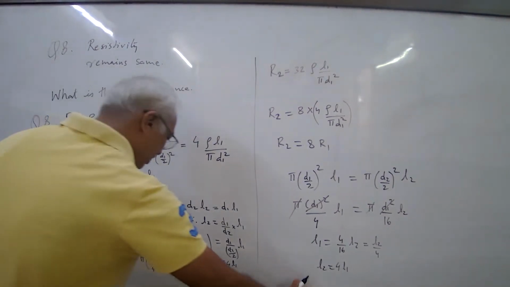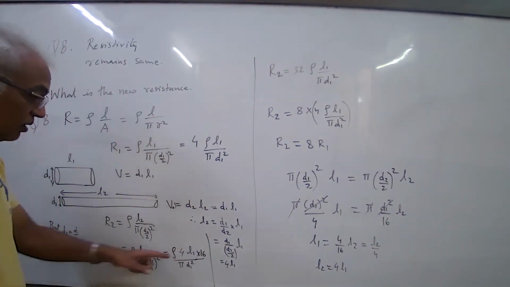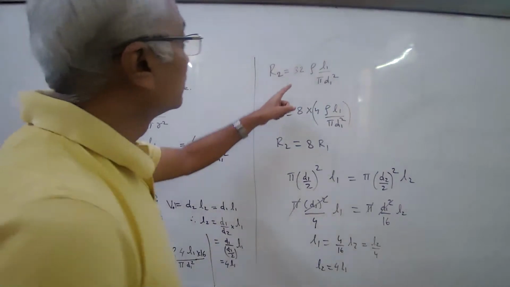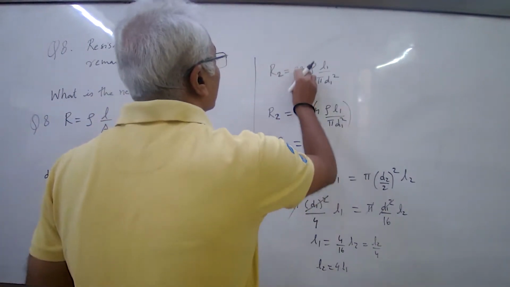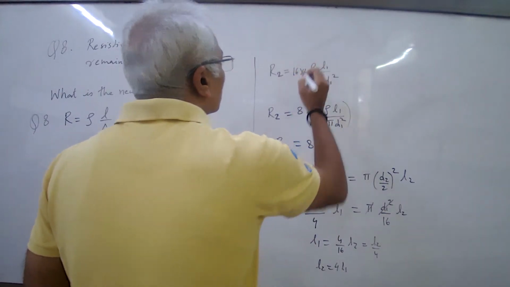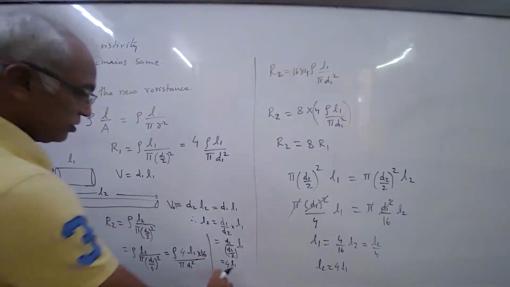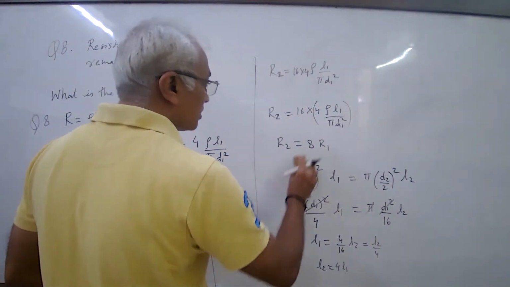So this will be 4L1. Then what do you have? This will be how much? 16, so 4 times 16, right? 16 into 4. This becomes 16 times R1.